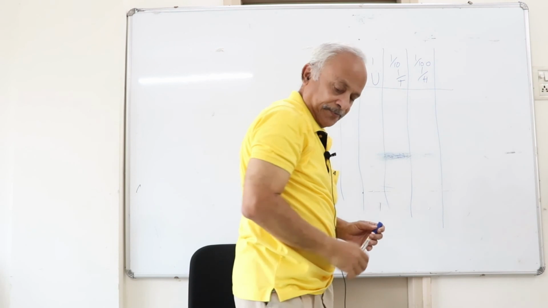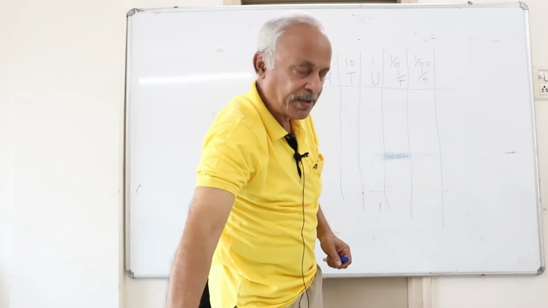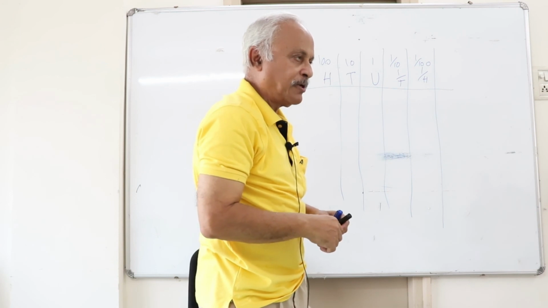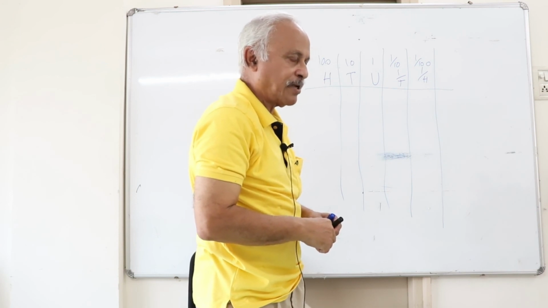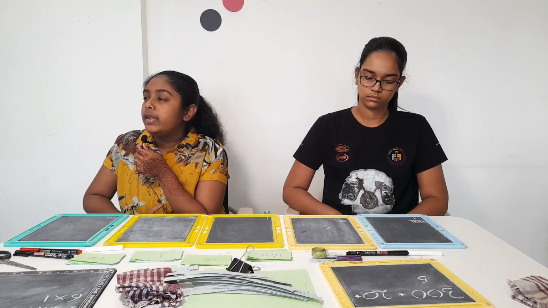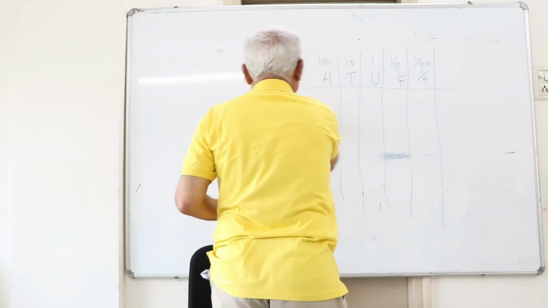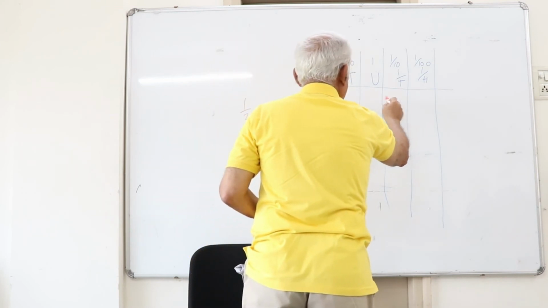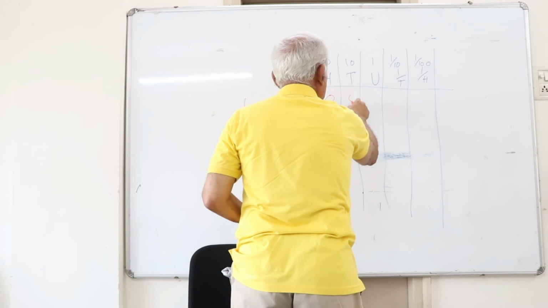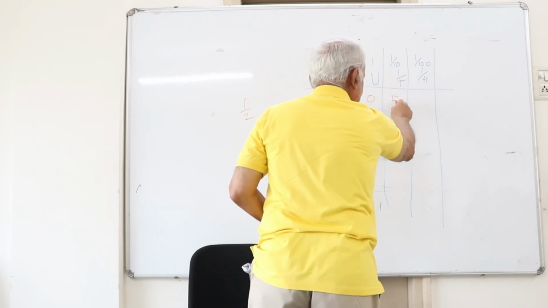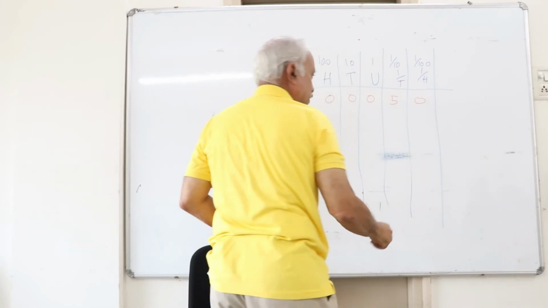When we made half using the place value kit, how many pieces of 1 by 10 did we have? No, we made half. 5. We had 5. So I'm writing here now, I'm making half. So we had 0 here, 0 here, 0 here. We had 5 pieces here, and we had 0 here, right?